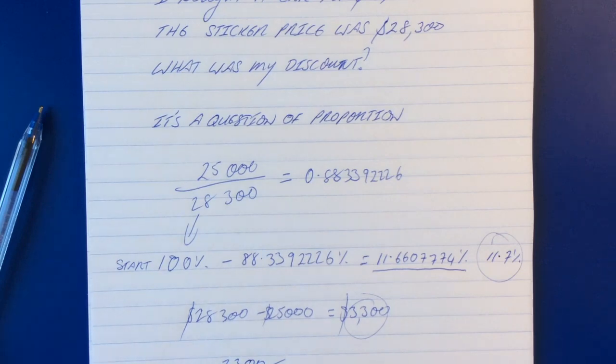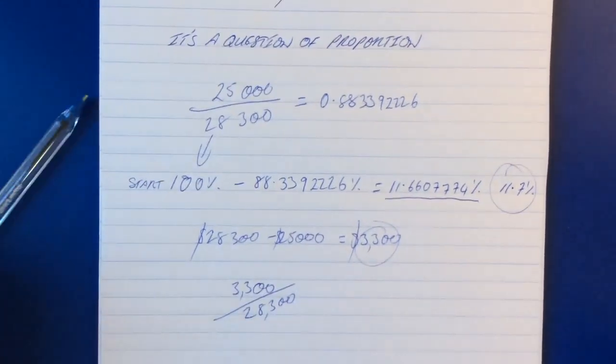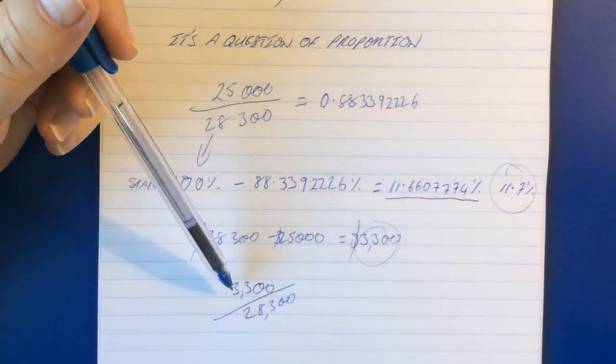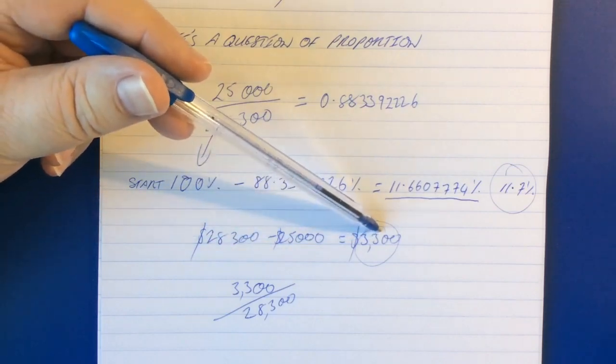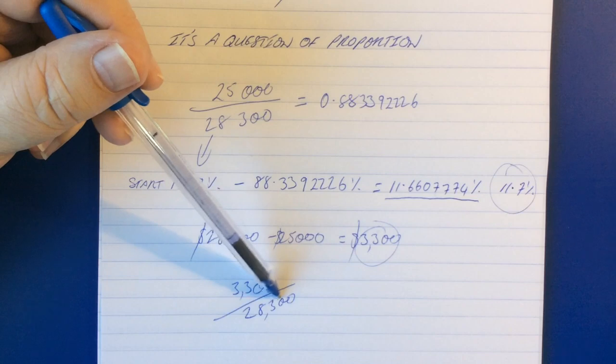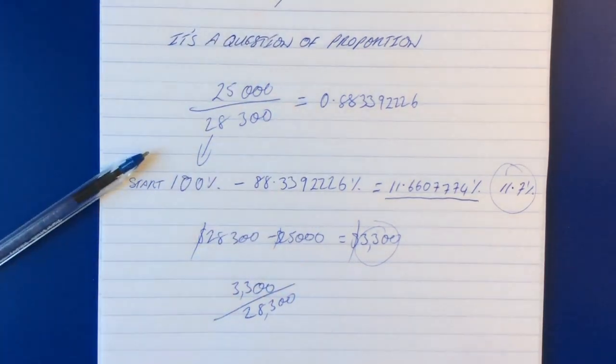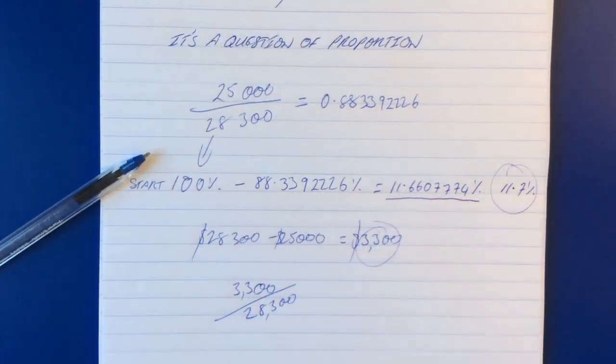But sorry, I'll get this into focus, and I'll say this again. $3,300 was the value of our discount. We're dividing that into 28,300, and it should give us this number. Okay, so fingers crossed.